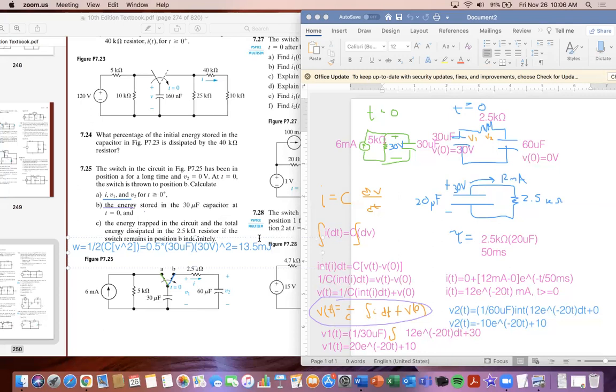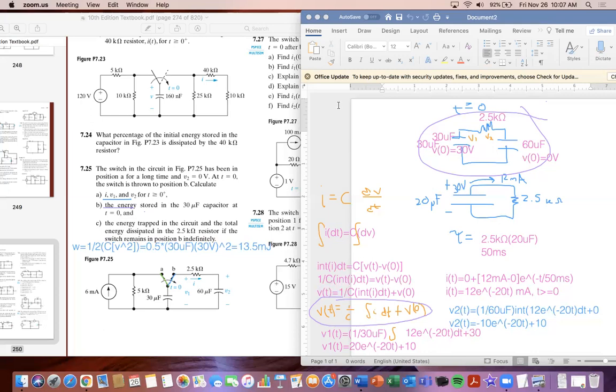For the energy trapped in the circuit, going back to our original diagram, it's going to be our 2 capacitor values at time infinity. I'm going to erase this one at time 0 here.